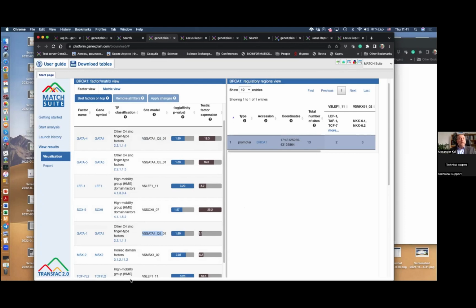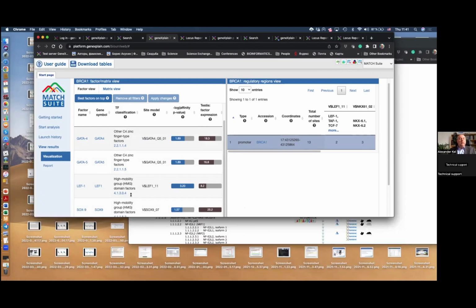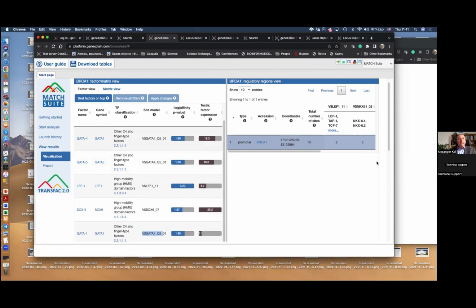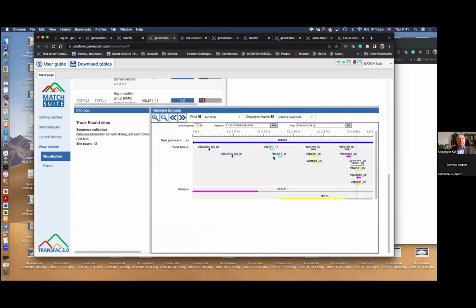All right, if we go down here, we see this window which shows the binding sites for those 5 motifs found in that promoter.